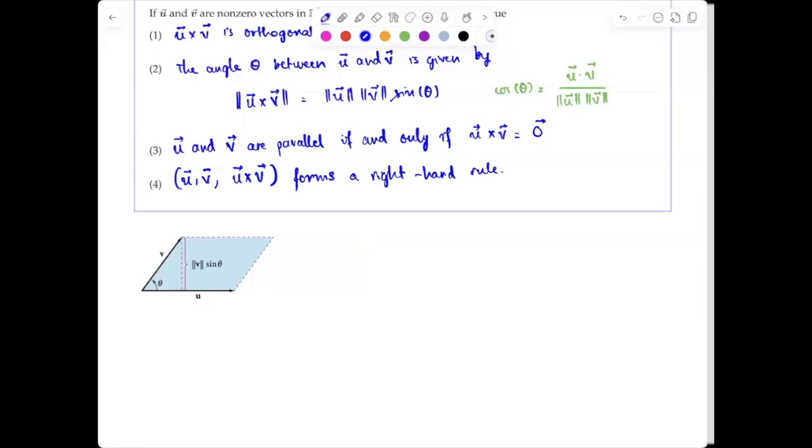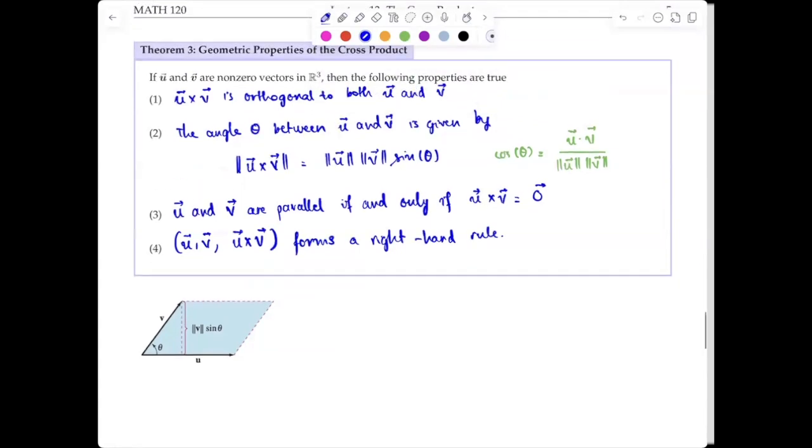Alright, so these are some of the properties that you may encounter when you calculate the cross product. The first one you have seen in the example. The second one we're going to derive, in relation to the area of a parallelogram. The third one is for you to check if the two vectors are parallel or not. So this is a different way to allow you to calculate that.